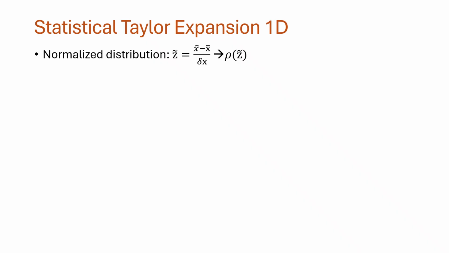For example, the normal distribution is the normalized distribution of the Gaussian distribution. Once we have a normalized distribution, we can define a bound momentum, which is the integration between two ranges with z to the n order using this formula.